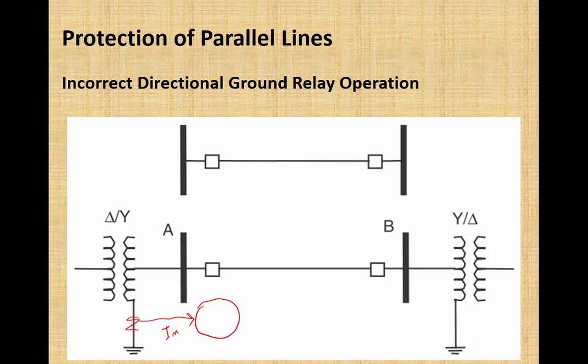Why have we used this current as the polarizing quantity? Because we have taken this current from a delta-Y transformer where Y is grounded. Okay, so it will take the current from the system, here the system fault current, and the polarizing quantity is this IN. The same is the case on the other end of the line.